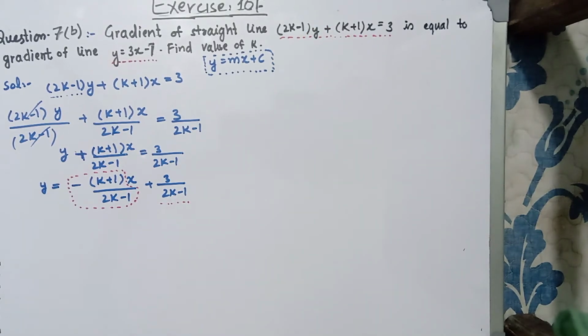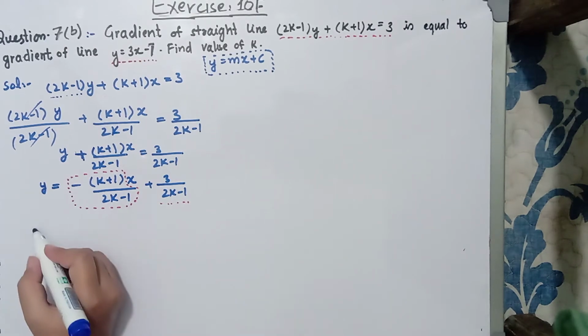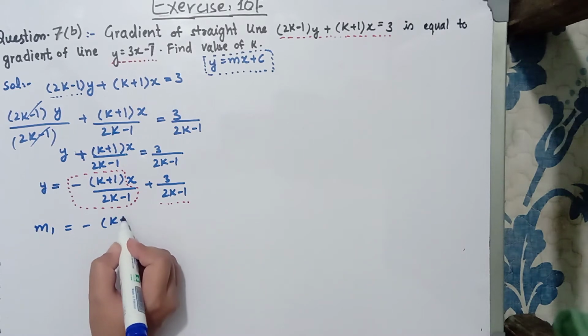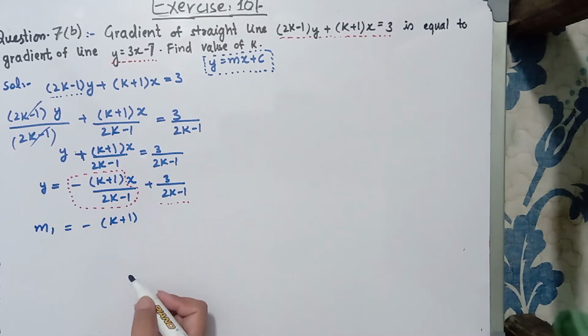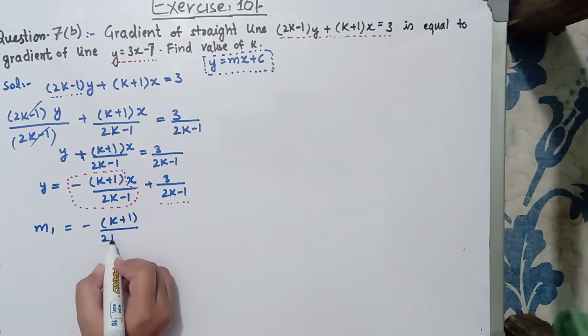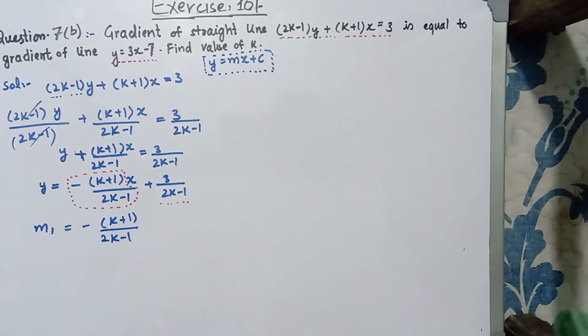So I can write that the gradient of the first equation, let's name it m1, is minus (k plus 1) over 2k minus 1. This is the gradient of the first equation.